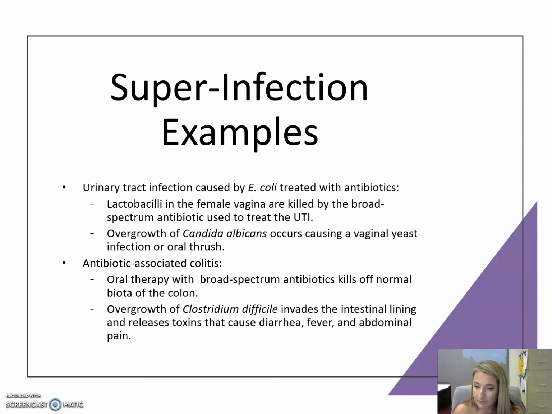So now that acidic environment is gone, and any yeast that were there, such as Candida albicans, can now grow out of control, and then you get the superinfection, which is the yeast infection, the kind of secondary infection, which at that point you would have to get on antifungal medication to help with.